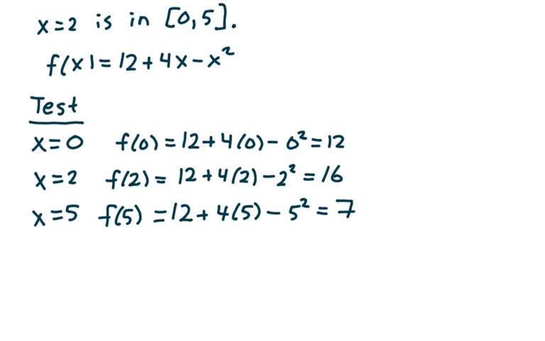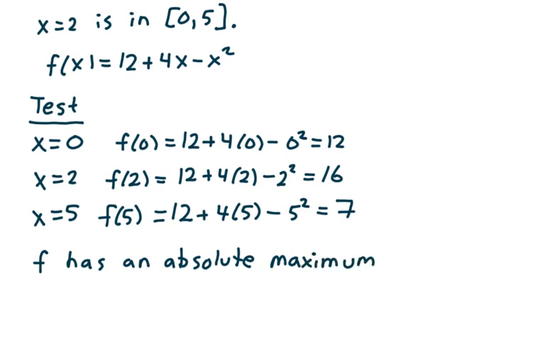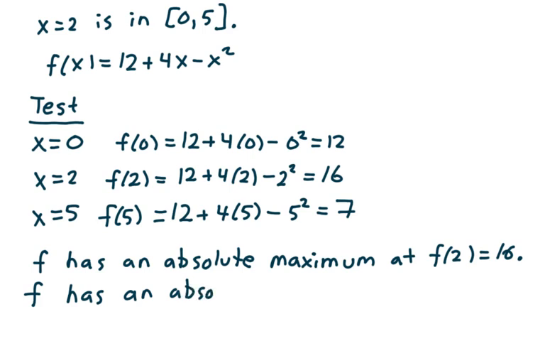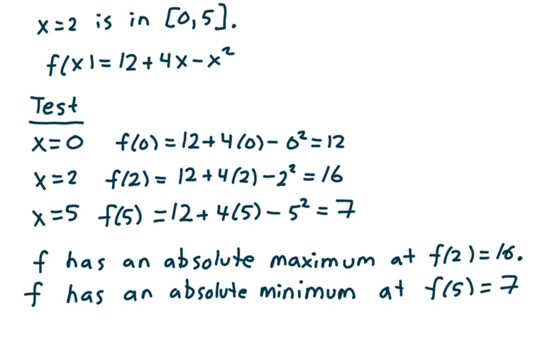And so what we can say is f has an absolute maximum at f of 2, which is equal to 16. f has an absolute minimum at f of 5, which is equal to 7. And that's how we do problem number 51.